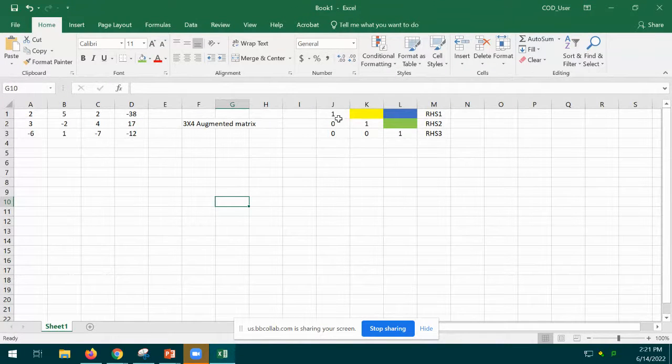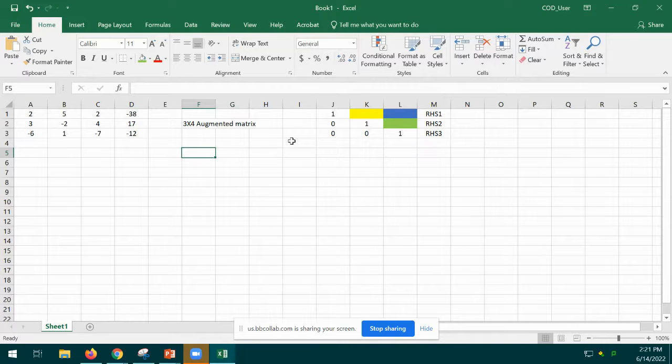So what we want to do is get a 1 here, and eventually we'll get a 0 and a 0 there. And here I want to eliminate this to get a 0, and so on and so forth. So my first step is I want to make this one into a 1. So here are the elementary row operations, and here's how I would like for you to describe those.